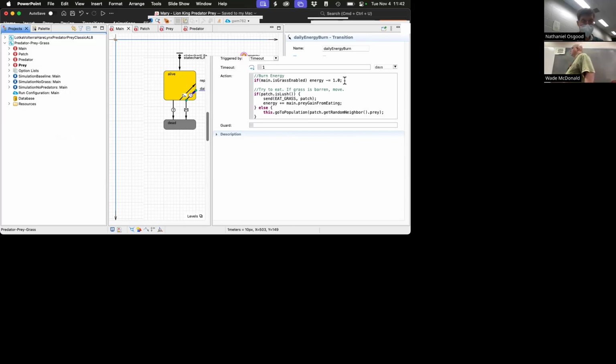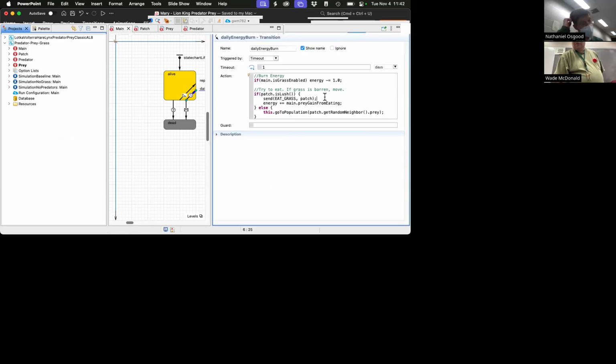So if grass is not enabled, we don't worry about how much energy they burn. And then it'll try to eat. So if the patch is lush with grass, it will eat the grass and gain energy from doing so. Otherwise, it'll move to a nearby patch in search of grass randomly.